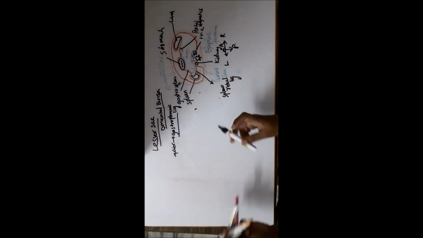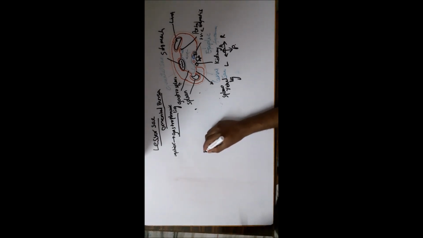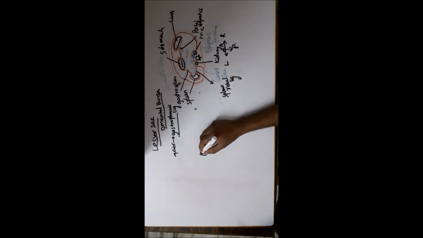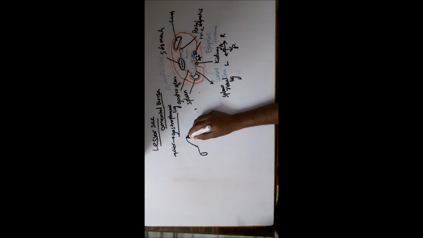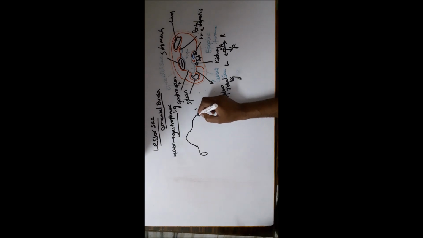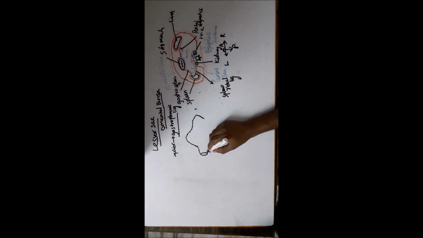So if you cut open the greater omentum and look into that, it will be something like a hot water bag. The lesser sac will be something like this.